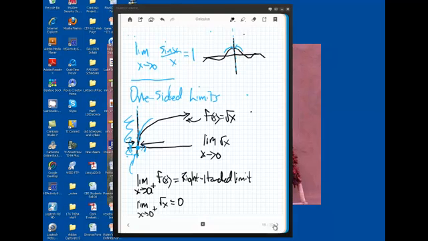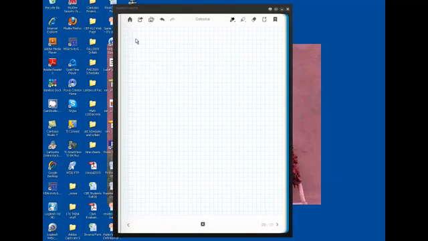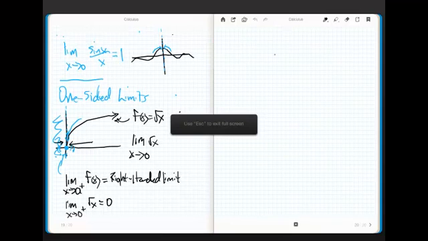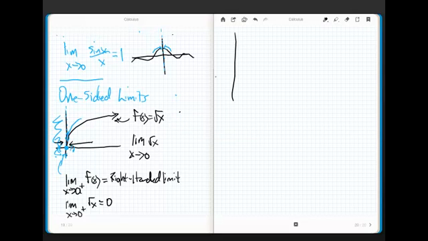Now, what do you think? Again, let's make this bigger. What do you think if I take root x again, so this is going to be y equals root x. Remember, I can write it as f of x or y, it doesn't matter. If I talk about the limit as x approaches a from the negative side of f of x, well, that means that's a left-handed limit.